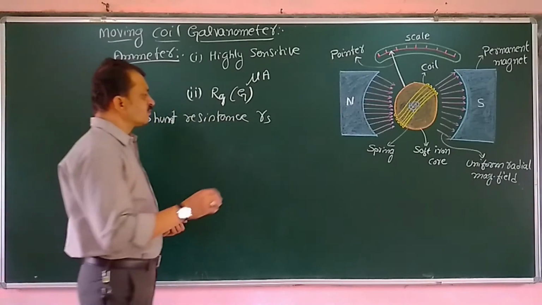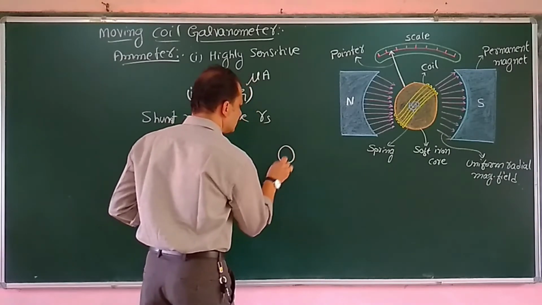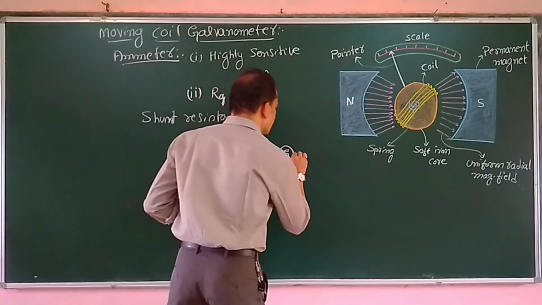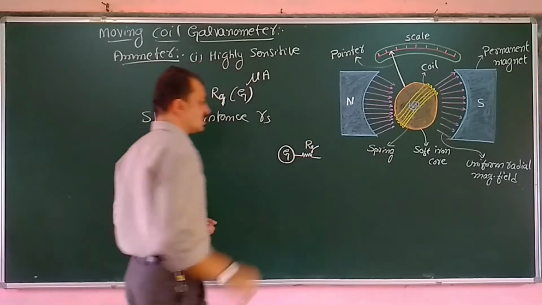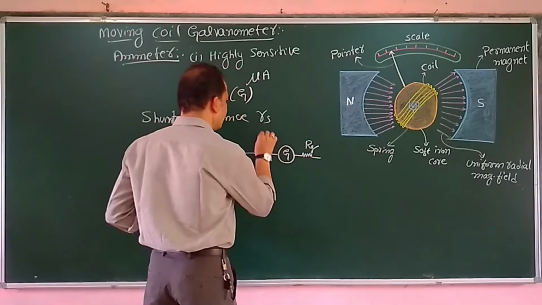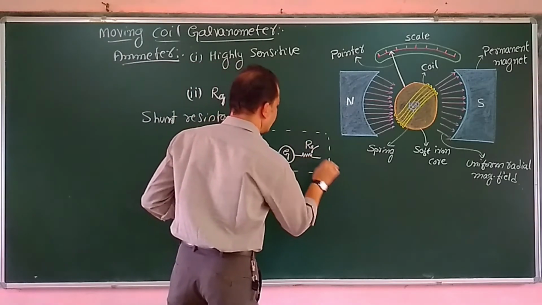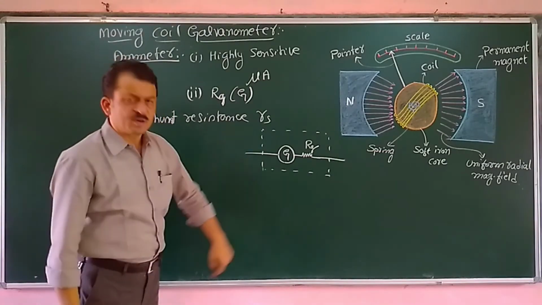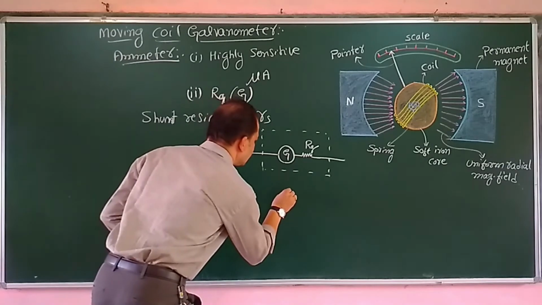Now the diagram for converting the galvanometer into an ammeter: we have a galvanometer, which has an internal resistance that we have called Rg. This system is a galvanometer. Now I have to convert this galvanometer into an ammeter.